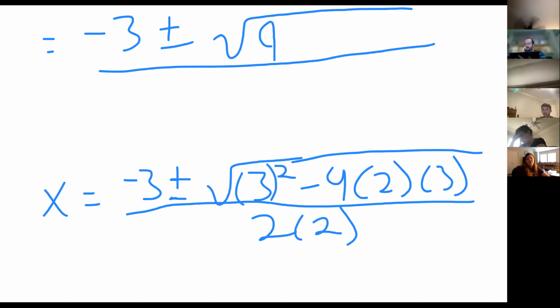And then we have what? 4 times 2 times 3. I got -24. All right, so yeah, 4 times 2 times 3 is going to give me 24, and I have one negative in there that came from the formula itself. Overall, that thing is going to be negative. 2 times 2 is going to be 4. Okay, so I'm going to have to maybe erase this one really slowly.